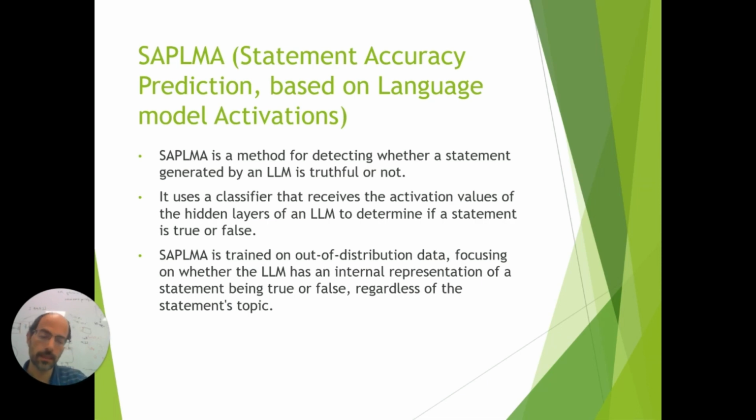This classifier, which we call SAPLMA, is just a small neural network. SAPLMA can supplement a large language model, and then every time the language model generates a sentence, it can be fed into SAPLMA, and SAPLMA can say if it's true or false.